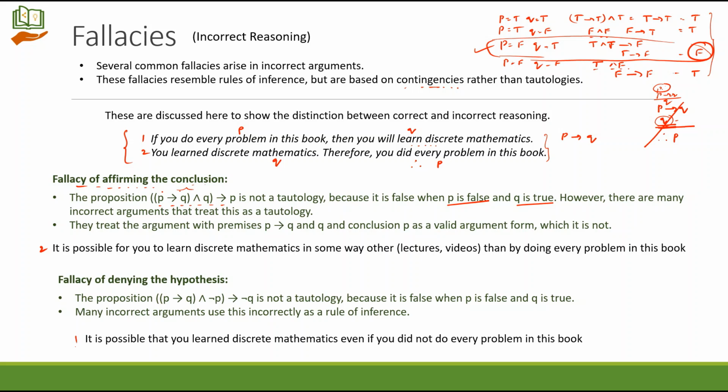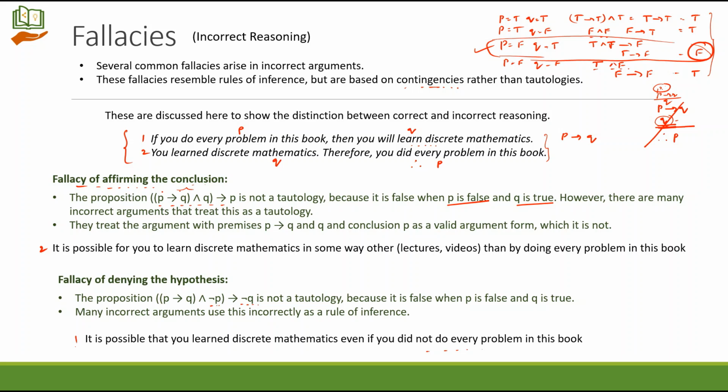So we say P implies Q and negation of P. So this is like if you do every problem in this book, then you will learn discrete mathematics. And we say we did not do every problem in this book. From this, what they are trying to say is if you have not done every problem in this book, you did not learn discrete mathematics.